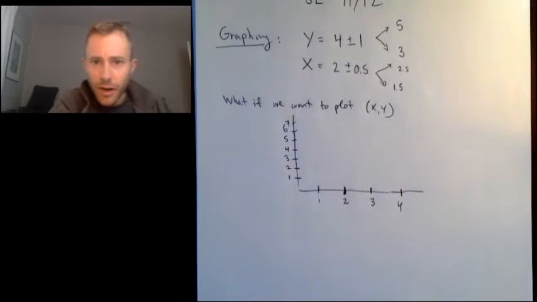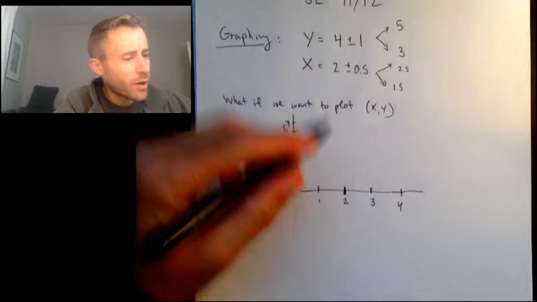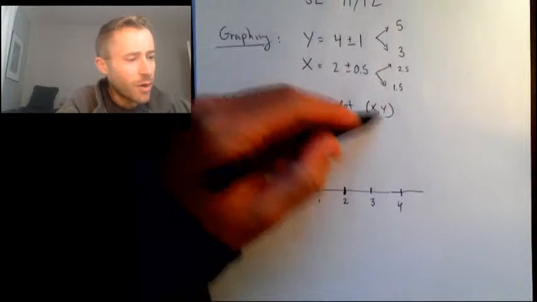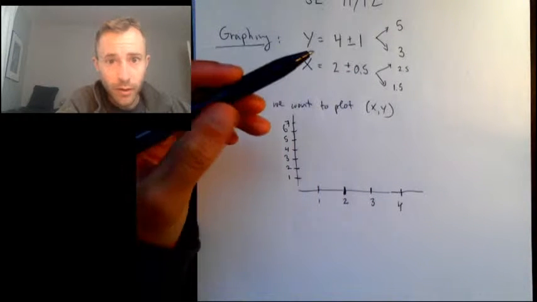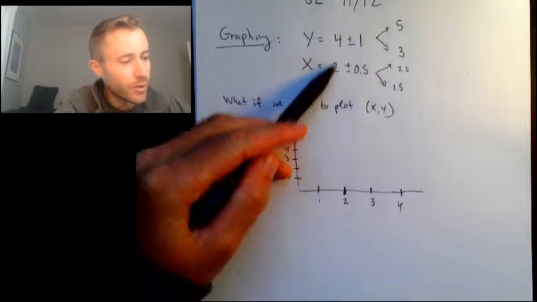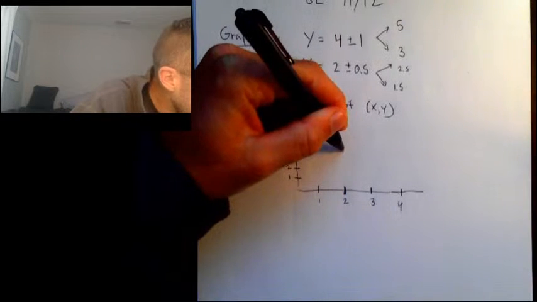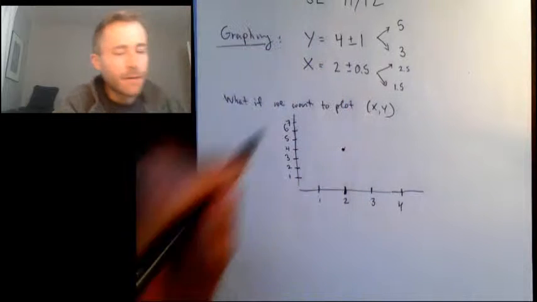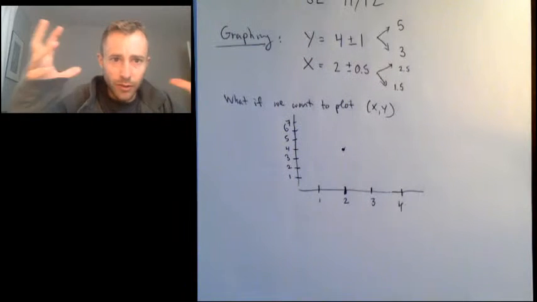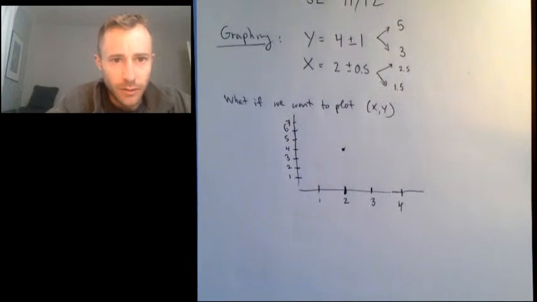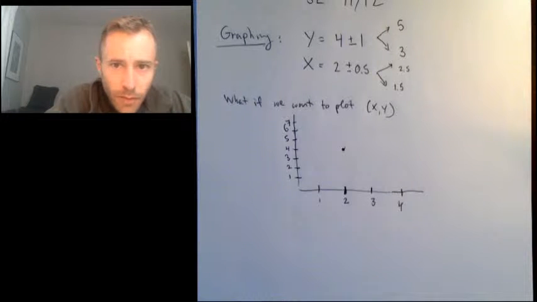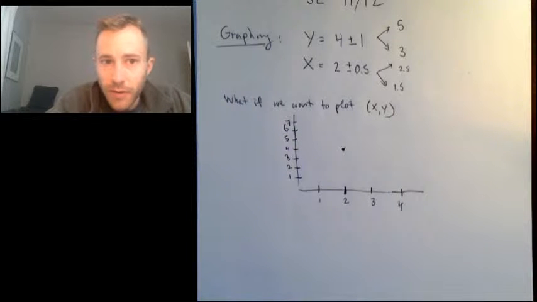So here are our axes. We're going to plot x comma y at our best guess, which is 2 comma 4. So 2 comma 4 would be right here. That's my best guess for where this measurement is. However, we know that y could be between 5 and 3.